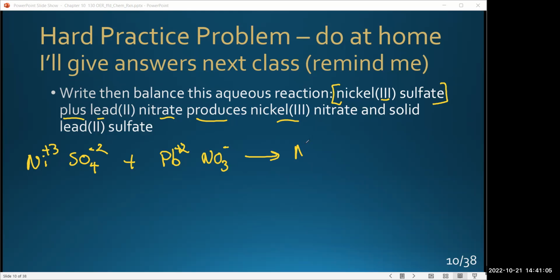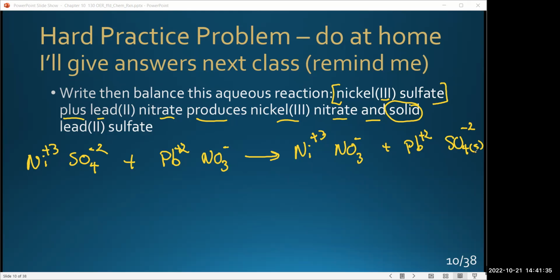So we have nickel +3 again, plus 3 nitrate, which is NO3 negative, and is a key word for plus. Solid, they're telling us the physical state, of lead(II) sulfate. So Pb +2 and sulfate, SO4 -2. And it's going to be a solid. Write that down so I keep track of that.